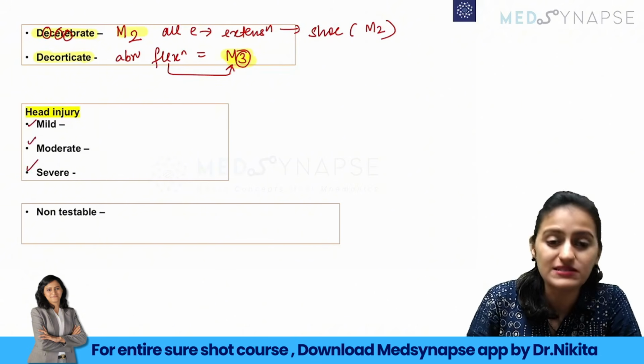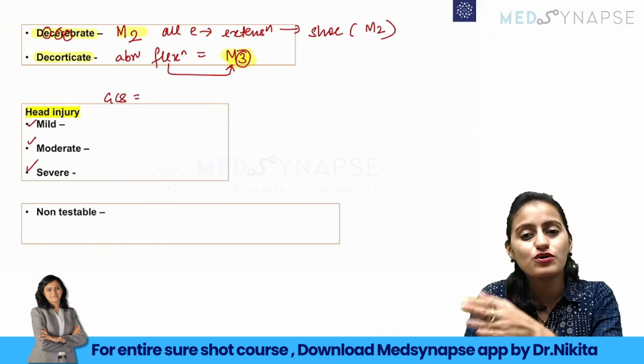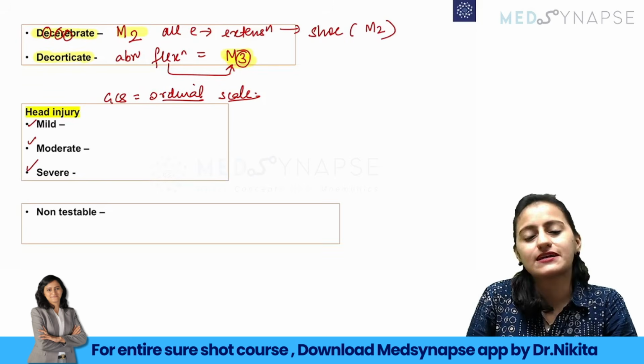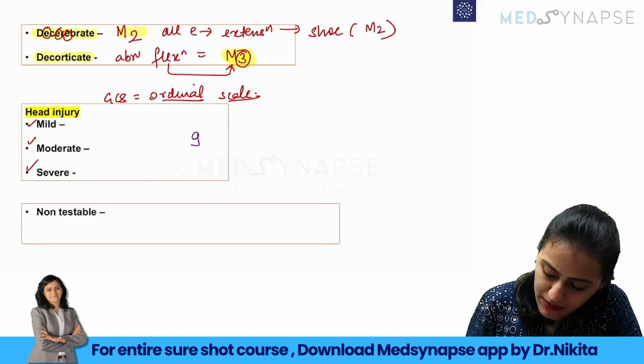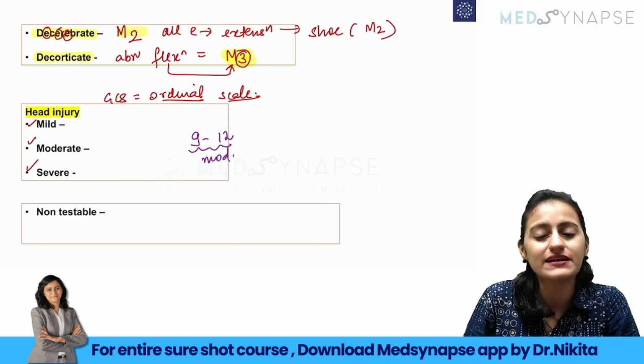Coming to the grades of head injury based on the GCS score. Since we can put this as mild, moderate, severe based on GCS, remember that it is like putting into an order. So, GCS is an example of the ordinal data scale. From 9 to 12, this is moderate head injury.